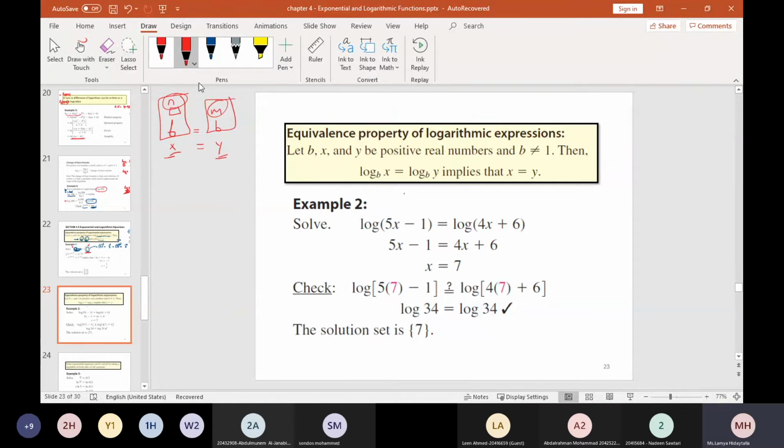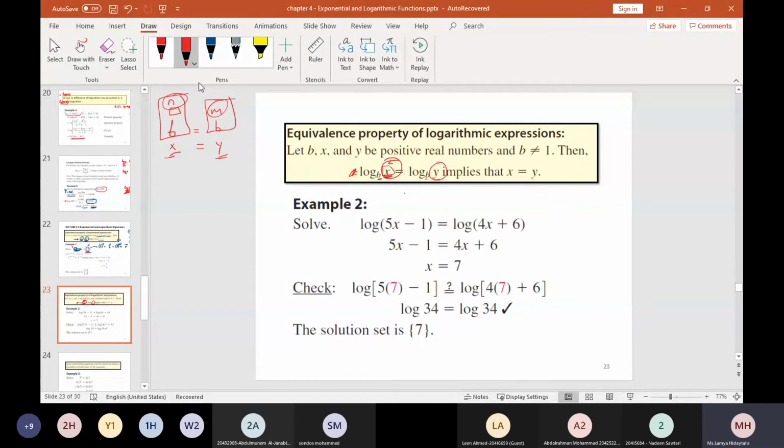By the way, there is no constant here, no power here. Even if there is a power, for example log x squared is equal, then in this case x squared is equal to y. Clear? Since there is equality and the same base, what is inside the logarithm, the argument, should be equal.